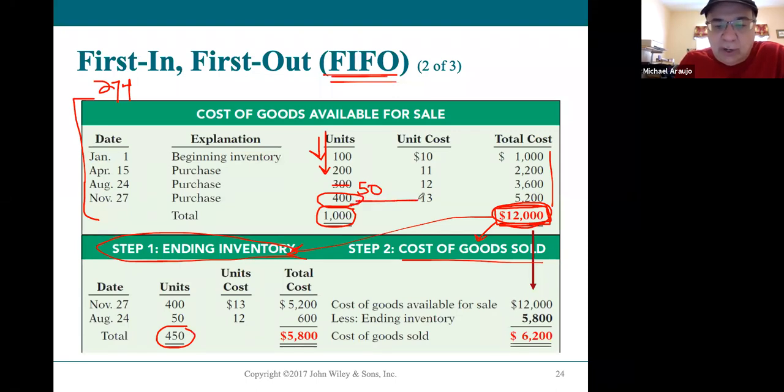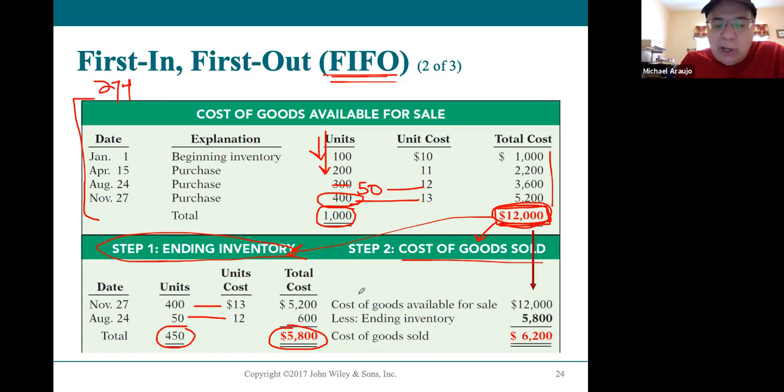Well, the 400, you got it 13 bucks each. And these 50 came from the $12 pile. And so the amount that you still have in the store, when you multiply these through and add them up, is $5,800.